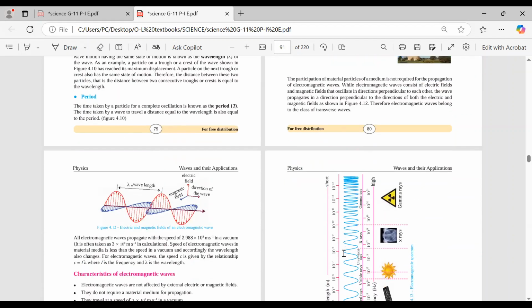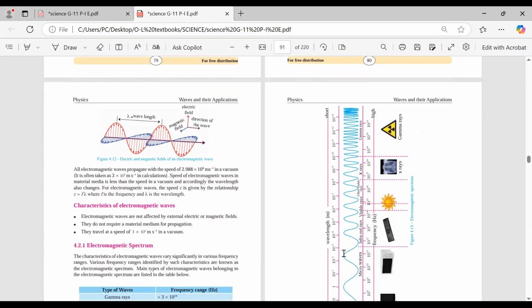Right. So you can see over here, all electromagnetic waves propagate with the speed of about, we call it the speed of light. Even though it's 2.988, we take it as an approximation of 3.